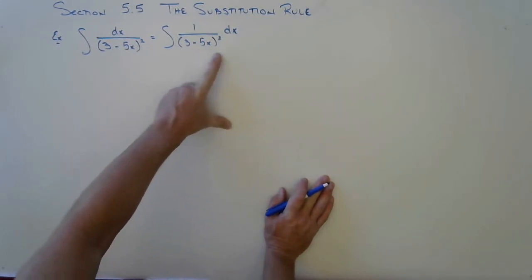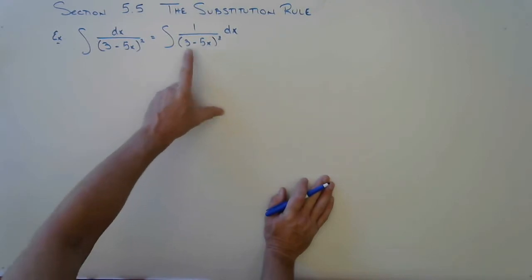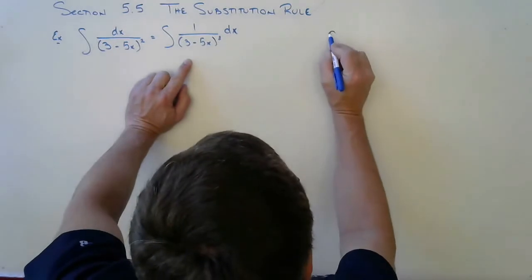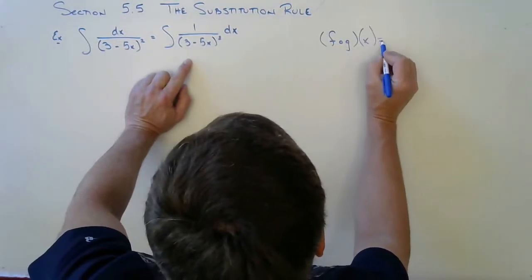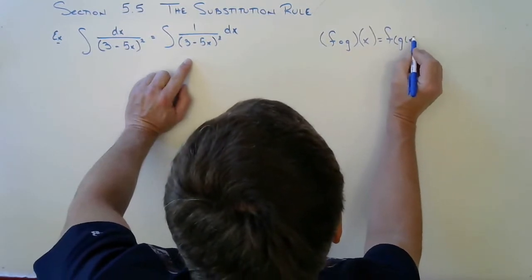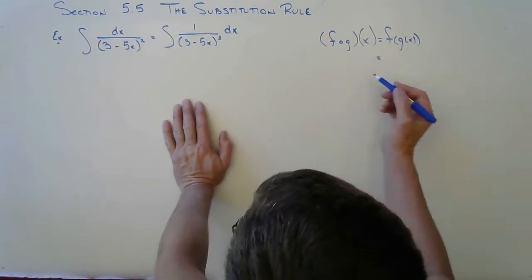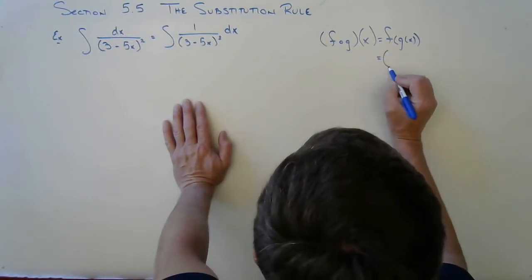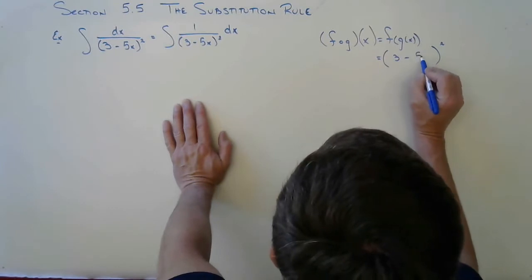So if we wanted this to be f of g back in pre-calc, we would say, if we were talking about this from the perspective of a composite function analysis, our outside function would be the square, and our inside function would be 3 minus 5x.